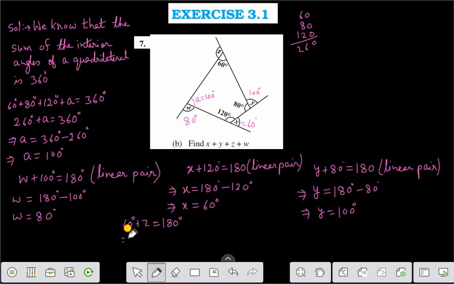Therefore, the value of z is equal to 180 degrees minus 60 degrees, that is equal to 120 degrees. You see, the value of z is equal to 120 degrees.